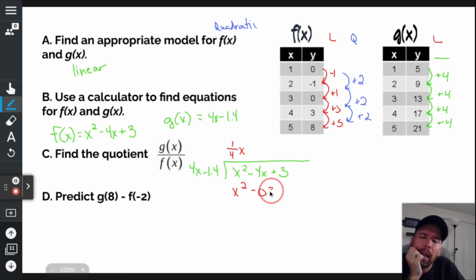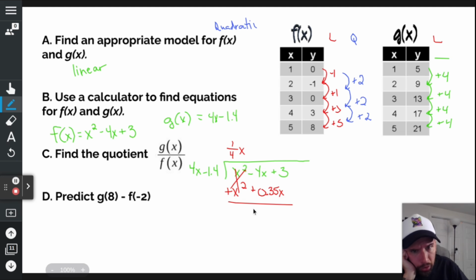You would never be asked to do that on a no calculator section, so I'm okay with cheating just a little bit. Flip the signs, cross you out, you become negative 3.65x plus 3.